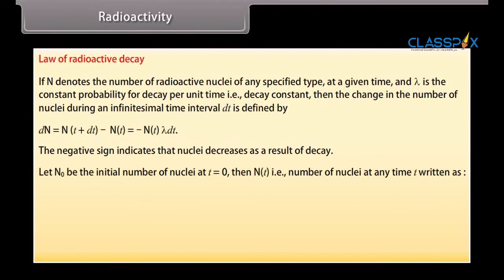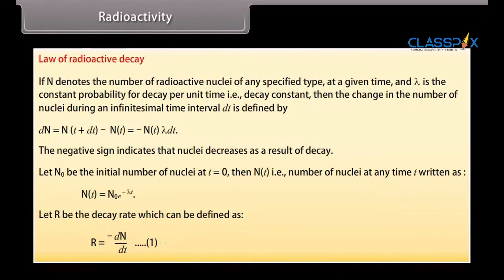Let N0 be the initial number of nuclei at t = 0. Then N(t), that is the number of nuclei at any time t, is written as N(t) = N0 e^(−λt). Let R be the decay rate, which can be defined as R = −dN/dt.